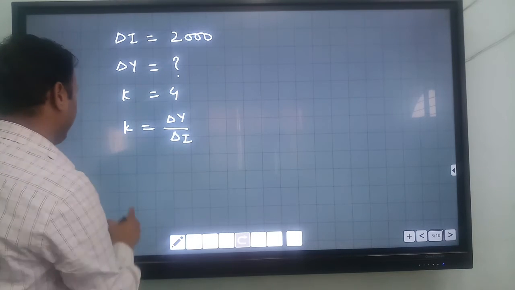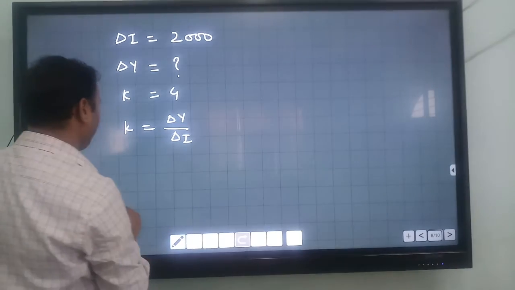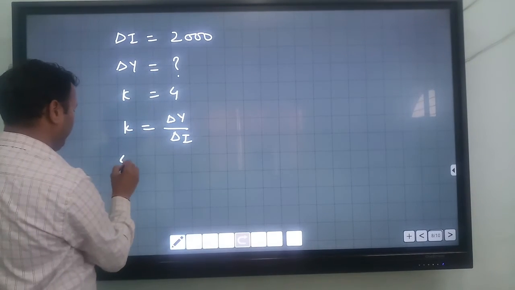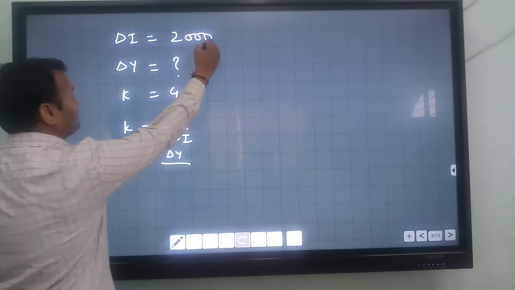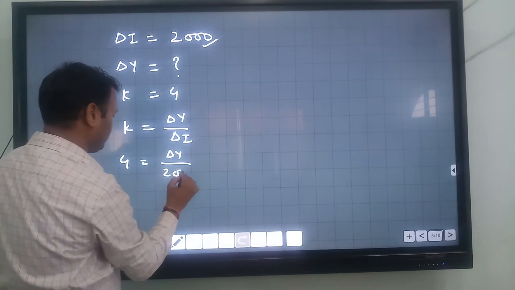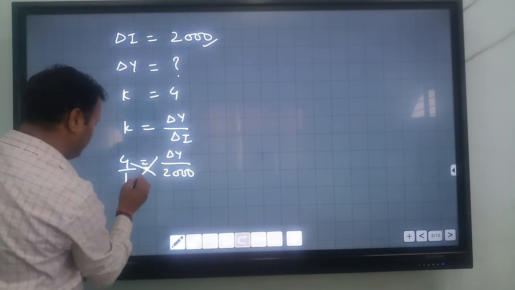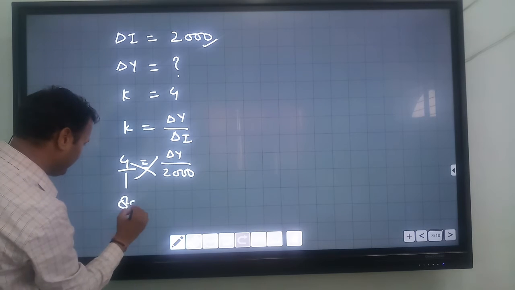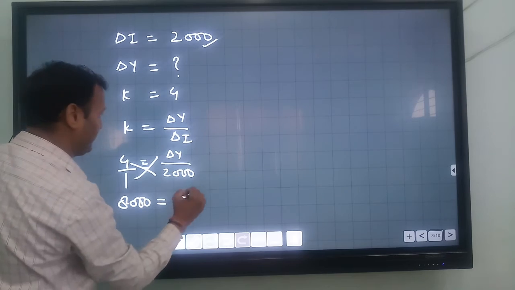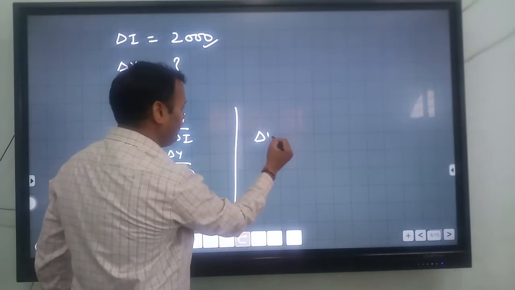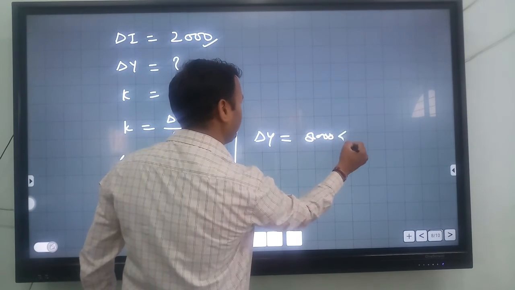As you know, K is equal to delta Y upon delta I. K is equal to 4, delta Y we have to calculate, and delta I is 2000. Now we just cross multiply. So 2000 into 4 is 8000, and 1 into delta Y is delta Y. It means the change in income is 8000 rupees.